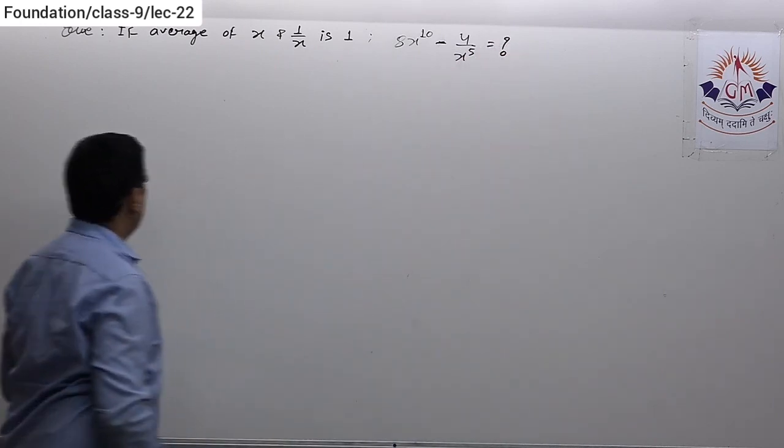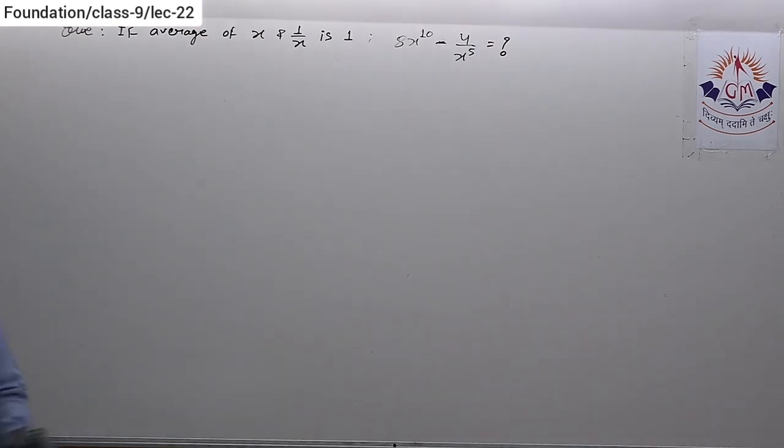If the average of x and 1 upon x is 1. So again think for a while, then I will give you its detailed solution.